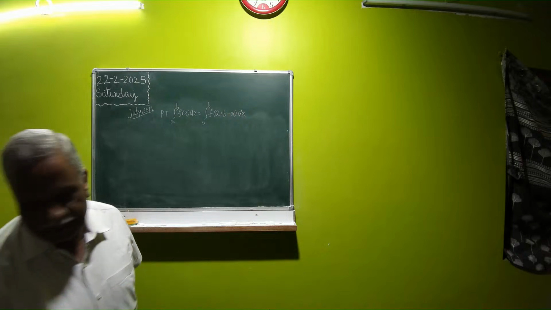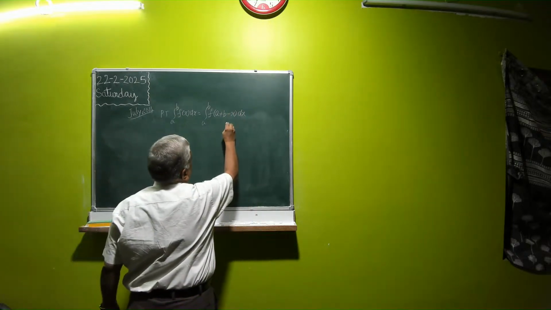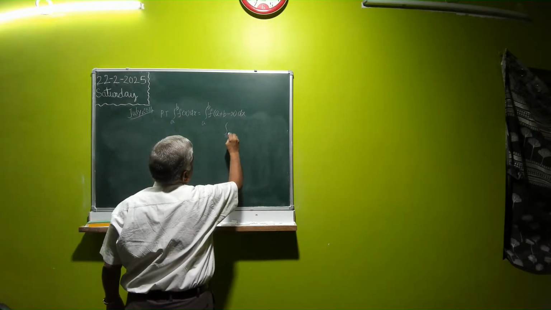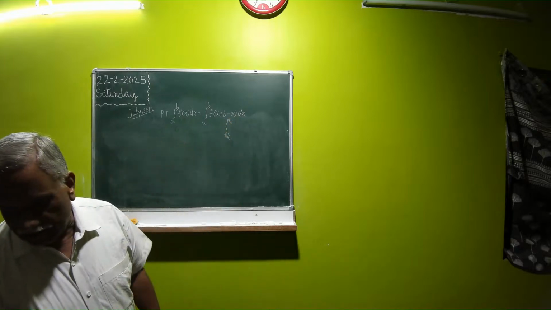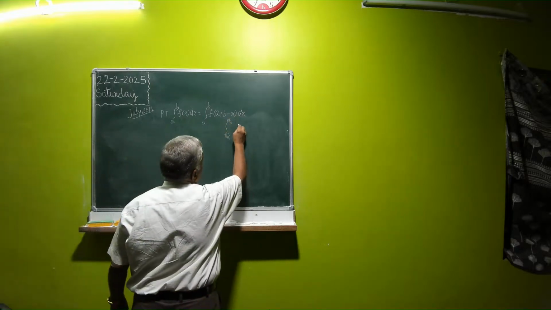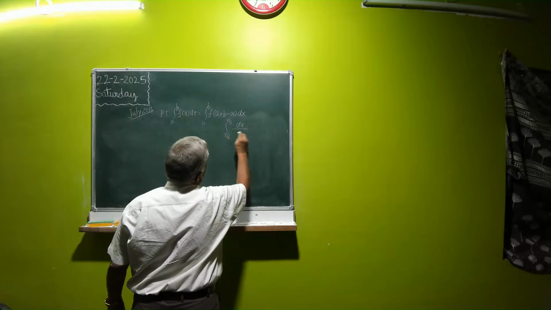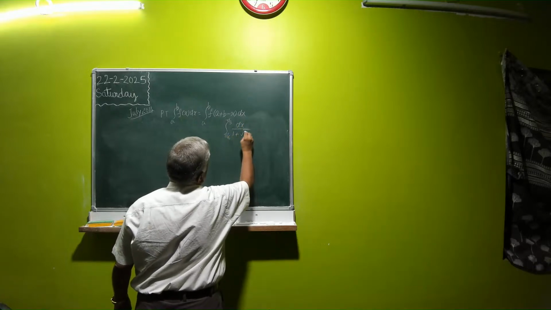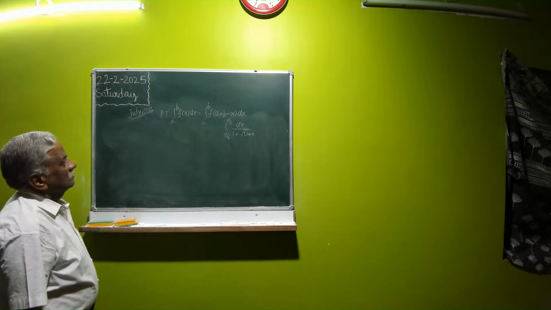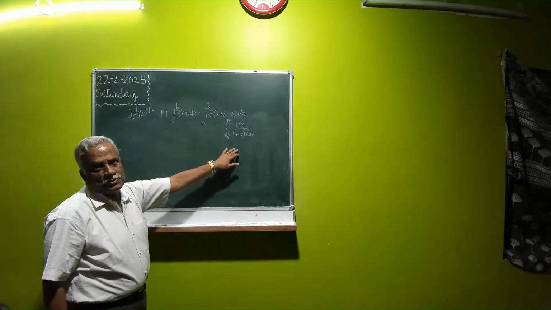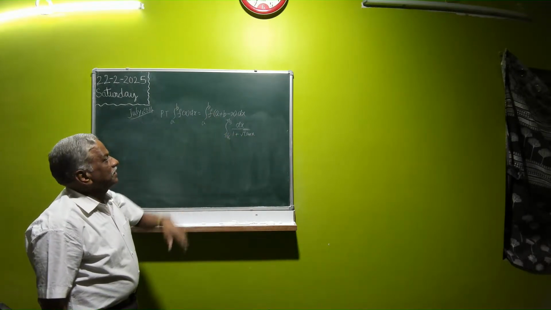And hence evaluate the integral from pi by 6 to pi by 3 of dx over 1 plus root tan x is the problem given. So first we have to prove this, then using that result we have to evaluate this.